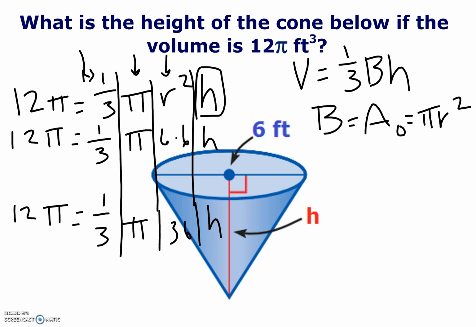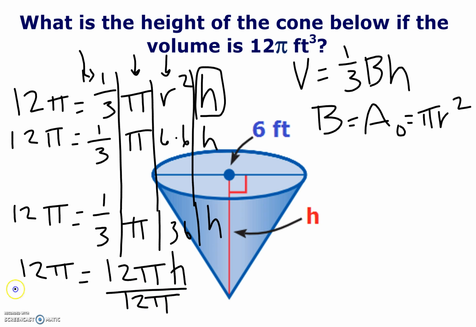So let's go ahead and combine that side first. 1 divided by 3 times 36 equals 12, so 12 pi equals 12 pi times h. Well, if I divide by 12 pi to get h by itself, I know that my height is going to be 1 foot.